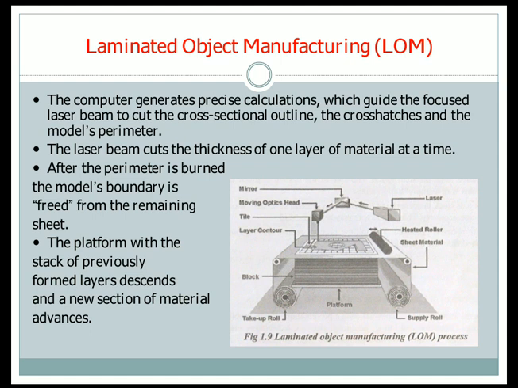After the perimeter is burned, the model's boundary is freed from the remaining sheet. The platform with the stack of previously formed layers descends and a new section of material advances. That is, by using the roller, the new material will come forward and the cut part will be sent to the platform.